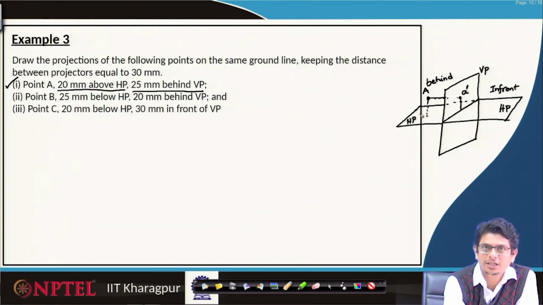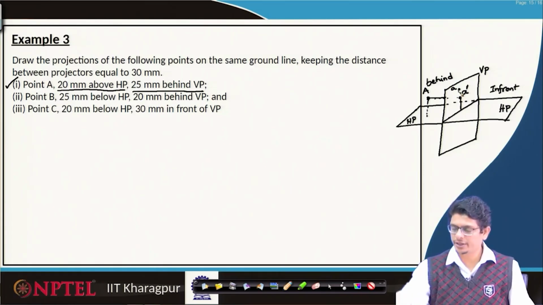So, rotate the horizontal plane by 90 degrees to mark that point A, because this distance is 20 and it is 25 behind VP. So, point A comes all the way up, because the 25 mm we are transferring in the top direction and 20 is this. So, the 25 point, when we are rotating it by 90 degrees, always goes up.